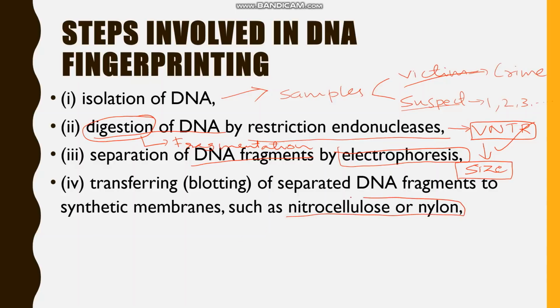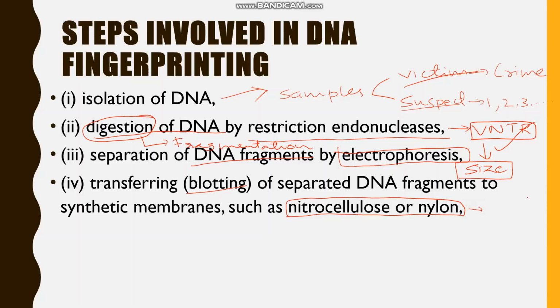The process of transfer of single-stranded DNA fragments from agarose gel slab to nitrocellulose sheet is called blotting, specifically known as southern blotting. So, in this step, the separated DNA fragments are transferred to the synthetic membrane such as nitrocellulose or nylon sheet. This is an overnight process.